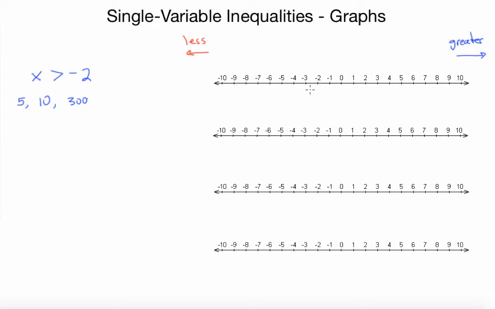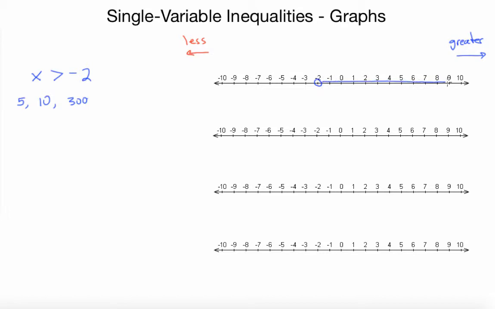Well, we show that with an open circle. So usually we use points, right? We would plot numbers. Negative 2 is right here. I'm going to do an open circle indicating it's a boundary. That's kind of an important feature, but yet it's not equal to. It's like this hollow empty point, so it doesn't count negative 2, but it does count everything greater than negative 2.